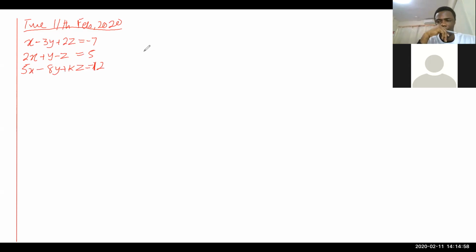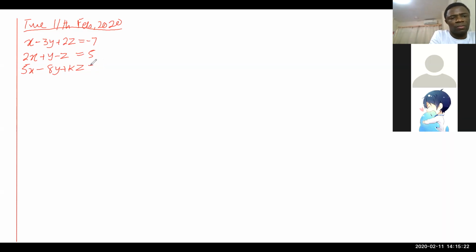What's the first thing? Put it in the mic, preferably. So you want to solve a problem like this. What's the first thing you need to do from this point? We need to make it an augmented matrix.